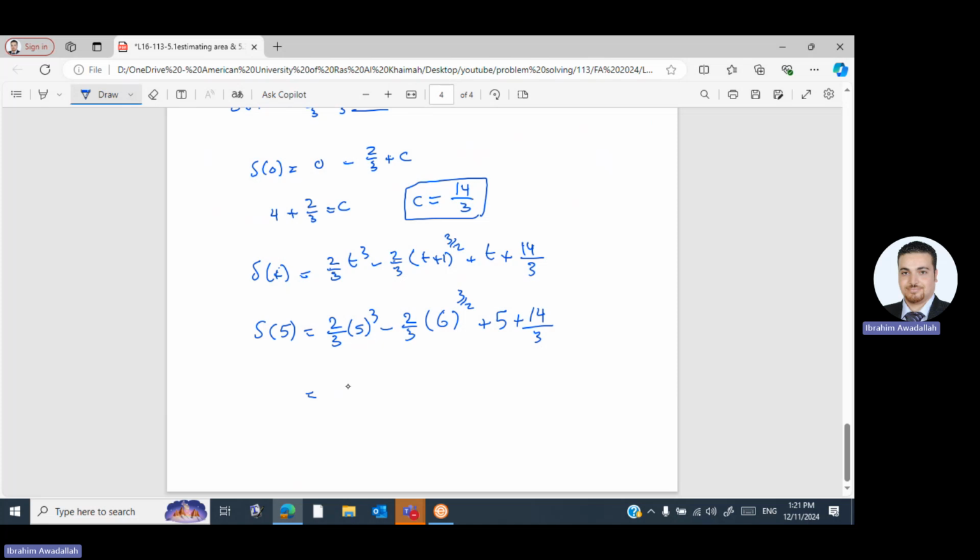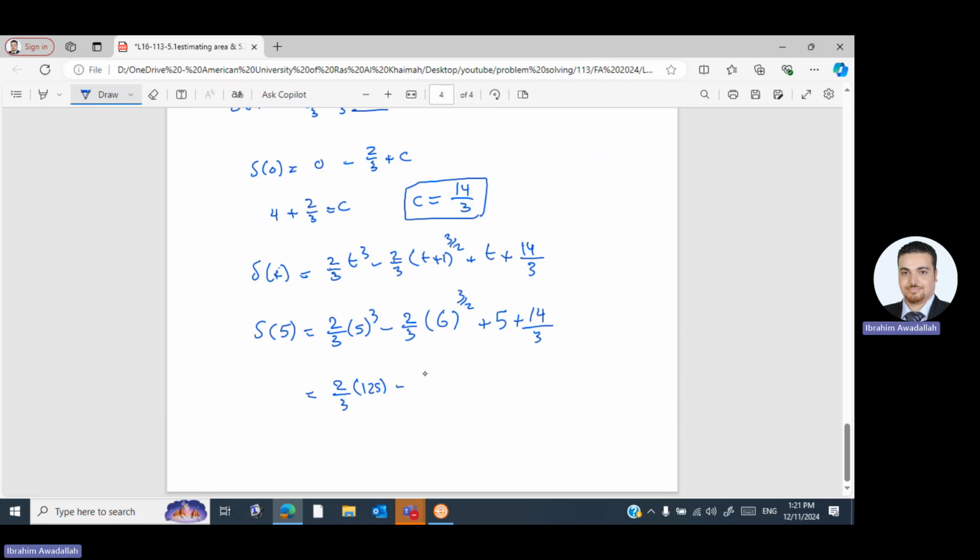This will be 2 divided by 3. This will be 125, minus, I think the problem was 6 to the power 3/2.